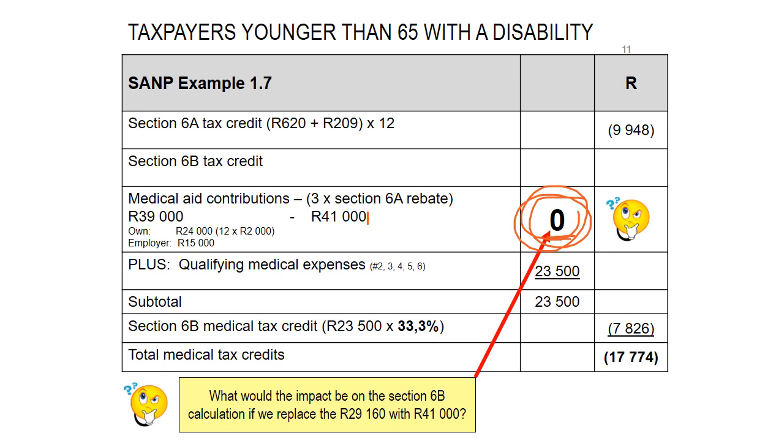From there, the calculation looks exactly the same. Qualifying medical expenses, and then multiply that by 33.3%. Right. So the purpose of this particular slide is just to show you what happens if your 3 times Section 6A rebate exceeds your total medical contributions.